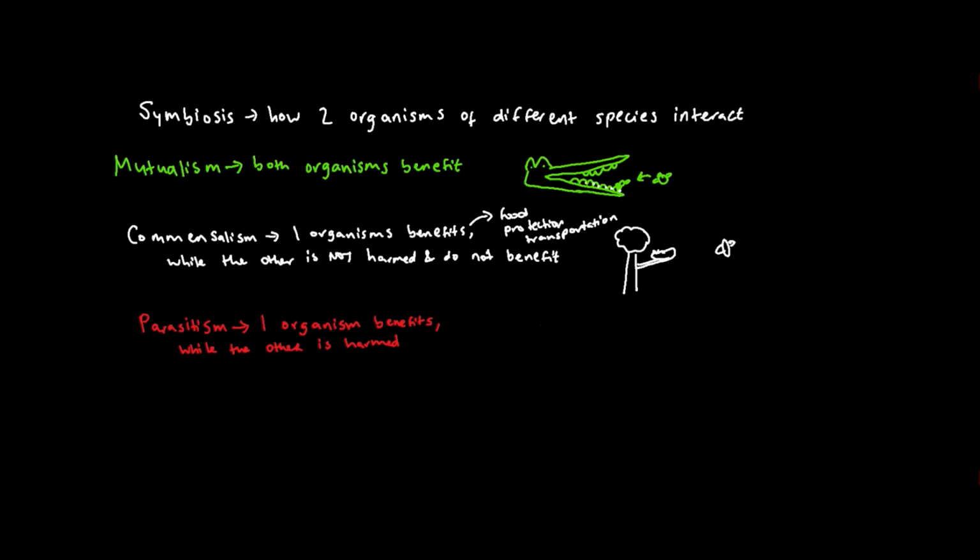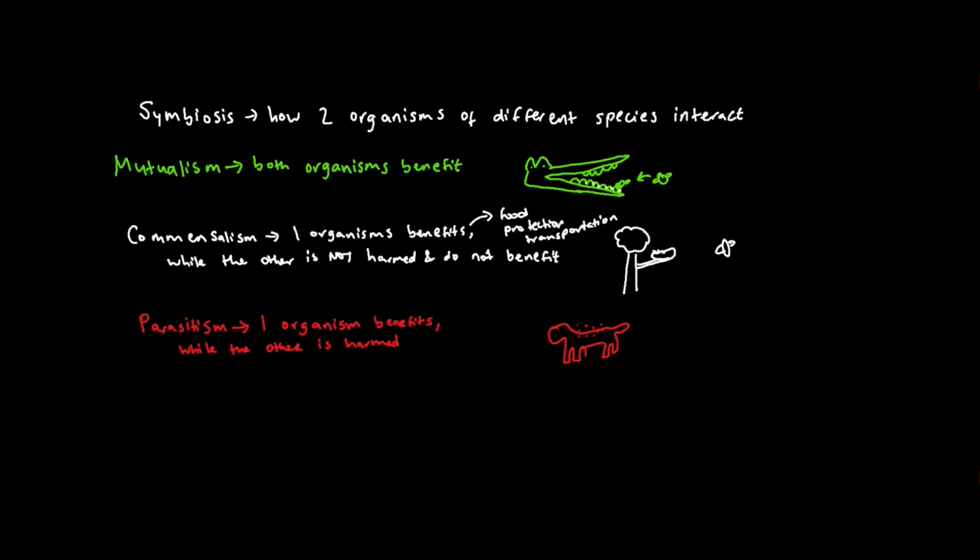So, an example of parasitism is when you have, let's say, a dog and fleas get on the dog, feeding off its blood.